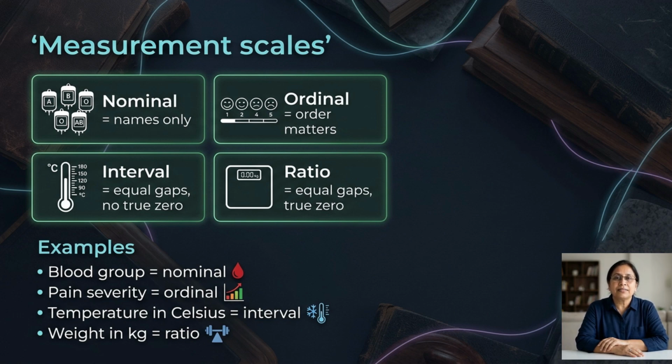For example, blood group is nominal, pain severity is ordinal, temperature in Celsius is interval, and weight in kilograms is ratio. Once you understand variables, data types, and scales properly, later statistical choices become much easier.